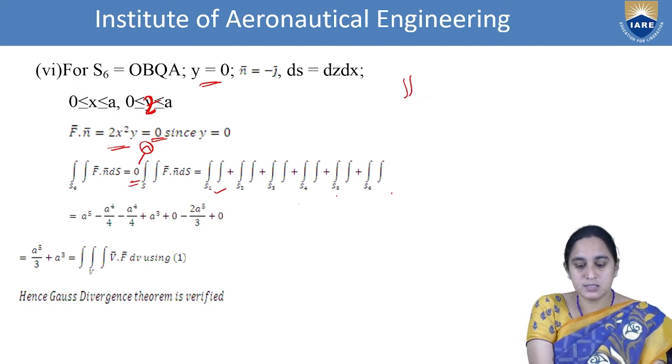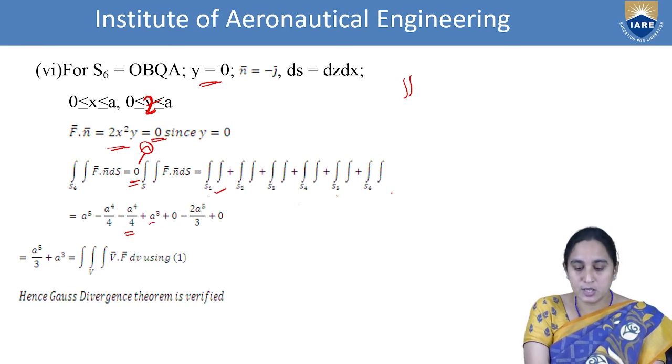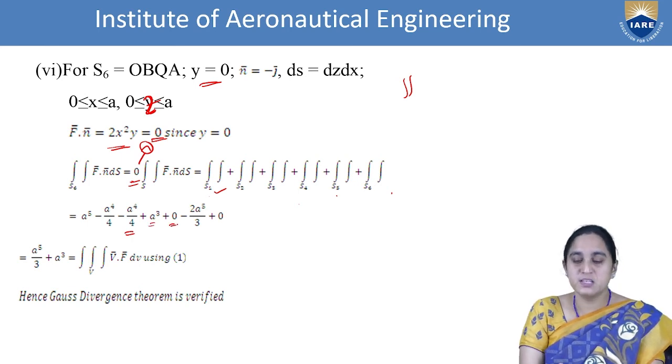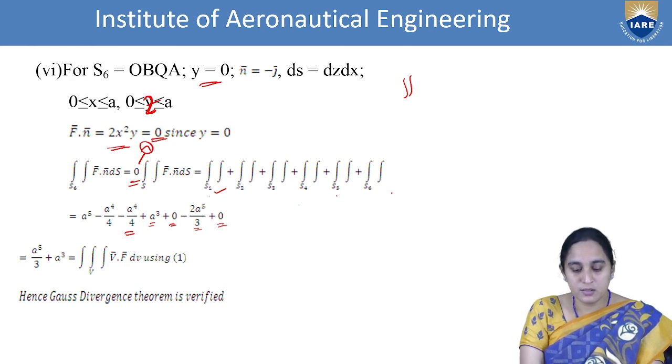On the S2 face, minus a power 4 by 4. On S3, a cube. On S4, 0. On S5, minus 2a power 5 by 3, plus 0 for S6. Add all the values.